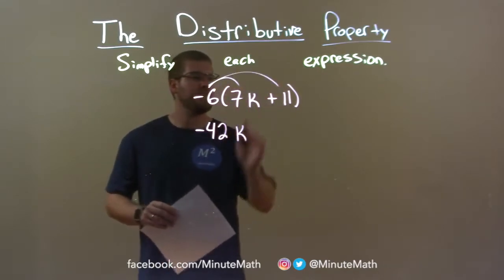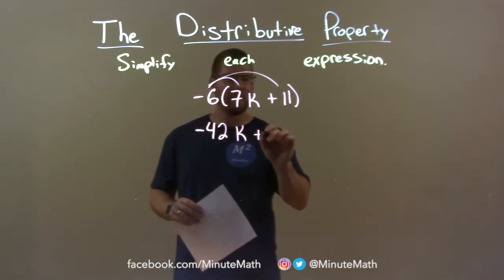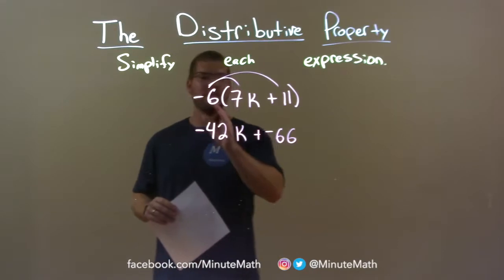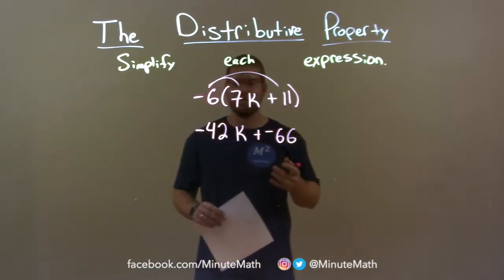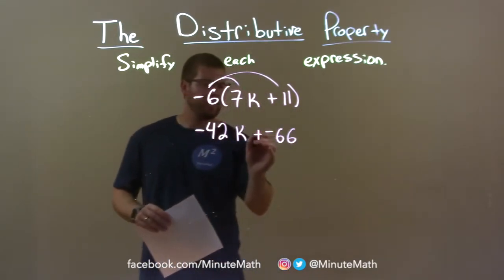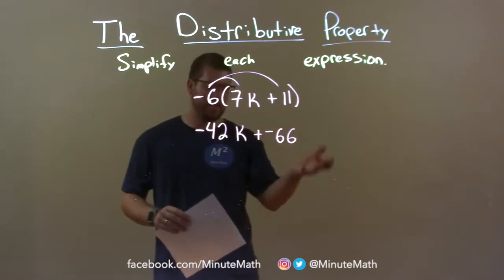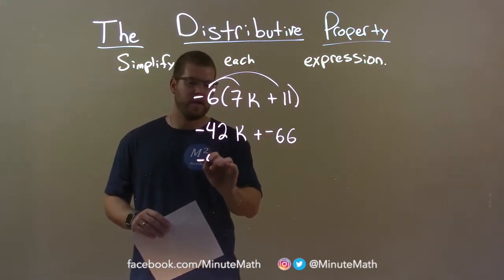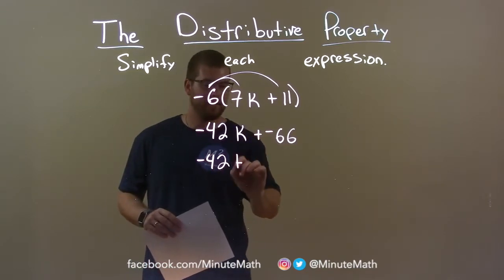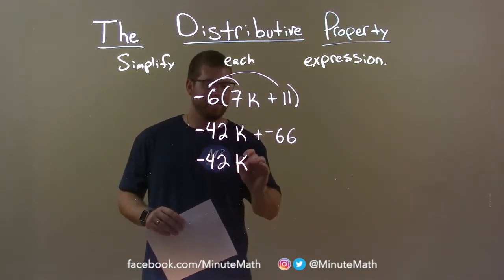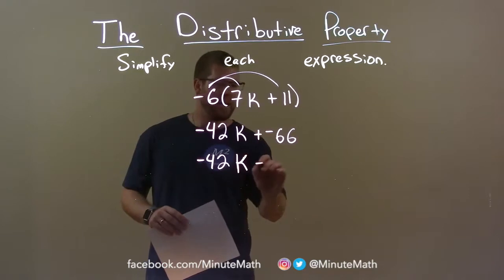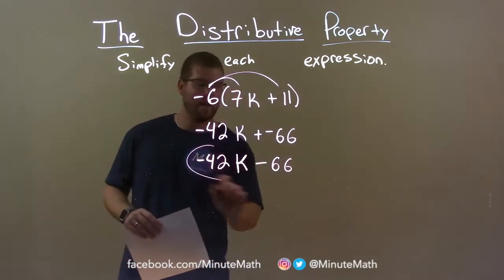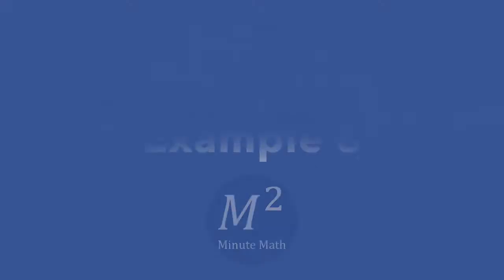Then the negative 6 gets multiplied by the 11, and we have a negative 66, right? It's negative 6 times 11, negative 66, okay? Now, I don't necessarily want to write plus a negative at the end, and so we know that's really just subtraction, so we can rewrite this, negative 42k, don't forget the k, there we go, minus 66, and now we have our final answer.